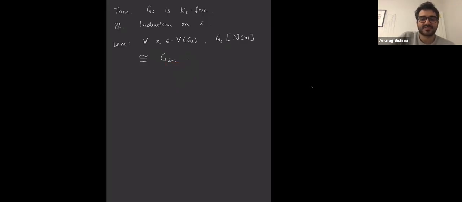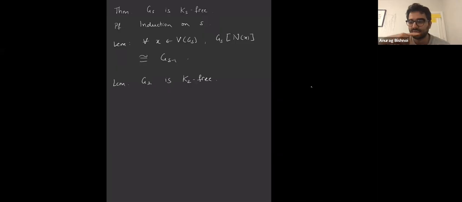Now it suffices to prove that G_1 is K_1 free, which just means that G_1 has no vertices. But just for fun, let's do a non-trivial case, because maybe then you learn something. So we'll start our induction at the next step, because we want to make our life difficult: G_2 is K_2 free. Once you have these two, you have the result by induction.